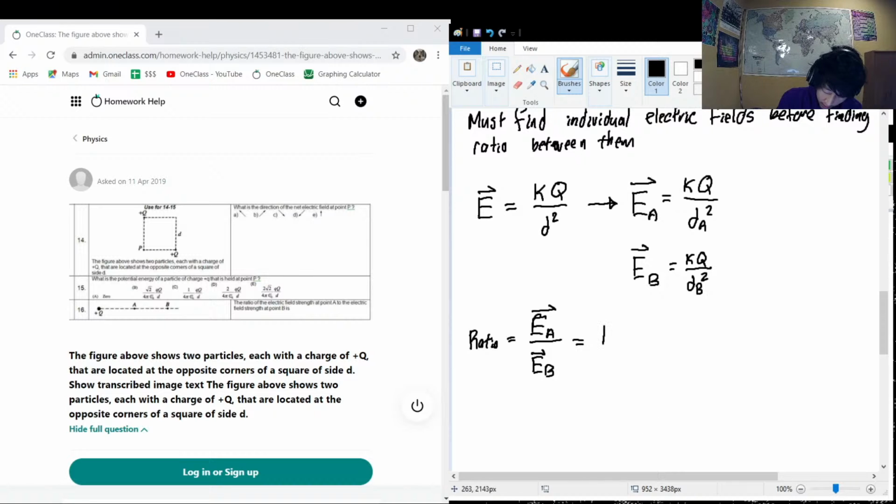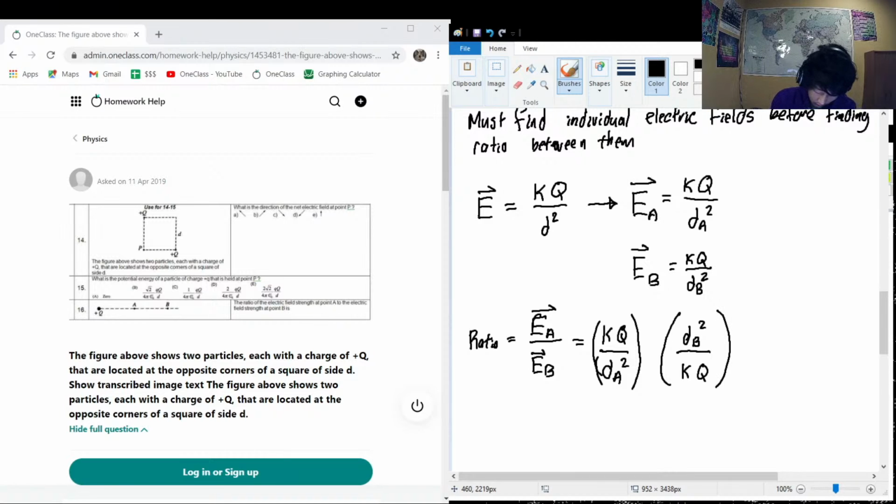For EA, we have KQ over dA squared. Instead of doing the division, we can just multiply by the reciprocal, so dB squared over KQ. This corresponds to EA, and this corresponds to 1 over EB.